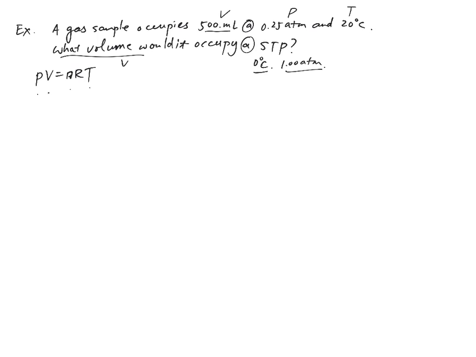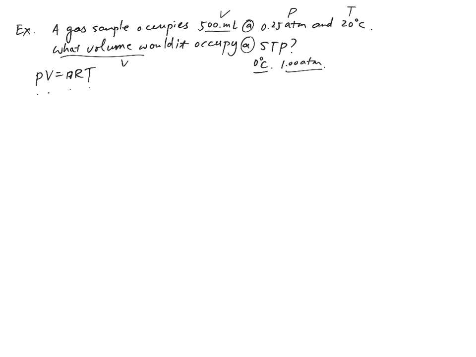See the difference between this problem and all these previous calculations that we did that focused on PV equal to nRT? You would only have one V, one P, and one T in those earlier questions. In this question, it seems like I have two sets of everything.